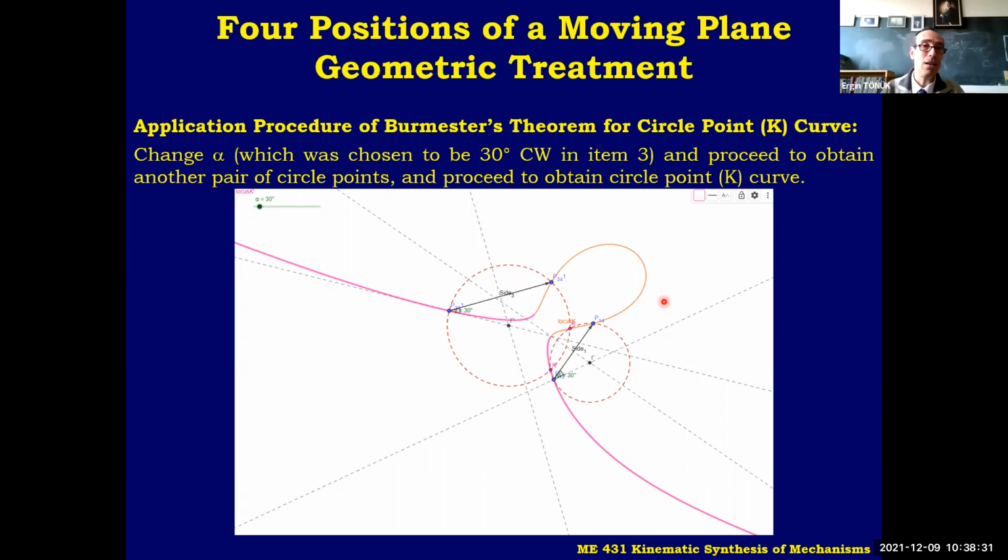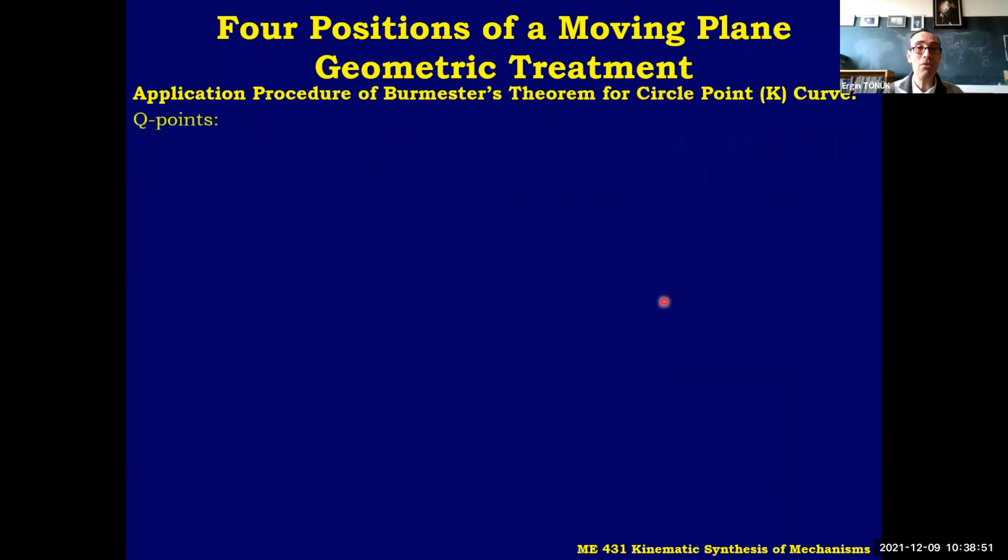Okay, right now, I would like to open a little parenthesis, which tells us something which might be practical as well. We have so-called Q points, which are on the circle point curve.